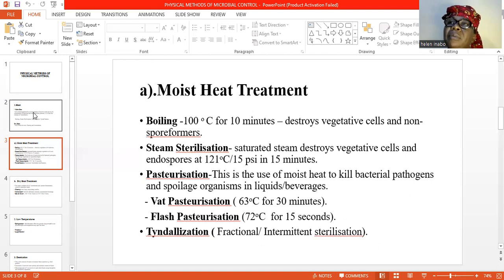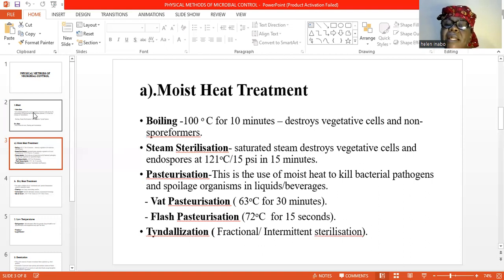These will enable the bacterial endospores to germinate. And on the third day, the materials are again subjected to the moist heat treatment of 100 degrees Celsius for 30 minutes. This is just a precautionary measure.